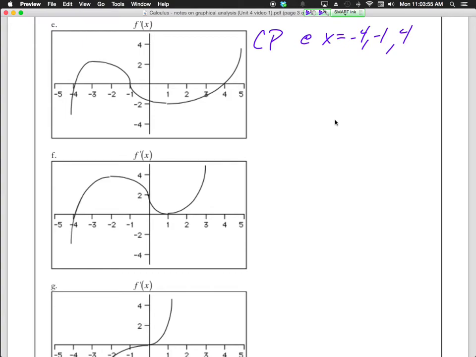Everybody okay with that? Alright. Now what, Alex? Now we have to see if it's changing signs, negative to positive or positive to negative, either one. So I need to identify if any of that is happening at those 3 spots.